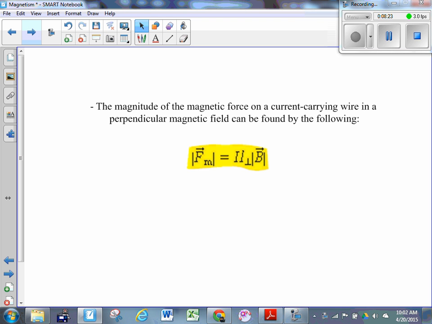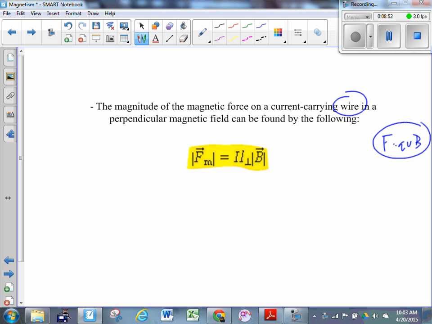How are we going to figure out what the value of the force is? Well, remember, the value of the force on an individual particle is still QVB. It doesn't matter whether it's in the air, whether it's in a wire, whether it's moving through water. The force on an individual particle is still QVB. But what about the force on the wire itself? The force on the wire, not the force on the particle. Remember, it still applies, although you're not going to use it very often in the context of a wire.